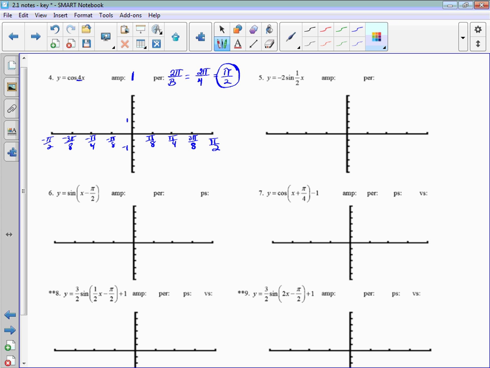So with cosine, remember that's the one that kind of looks like a W. Started up here. Follow the pattern with the dots. And that is the graph of y equals cosine 4x.